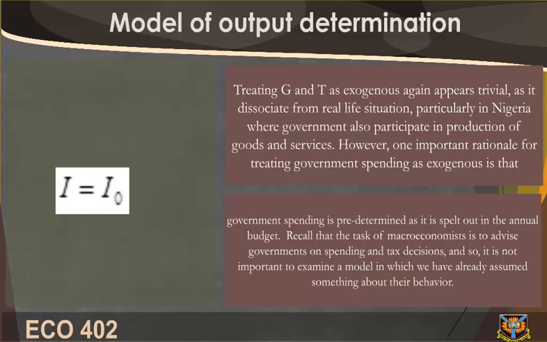However, one important rationale for treating government spending as exogenous is that government spending is predetermined as it is spelled out in the annual budget. Recall that the task of macroeconomists is to advise government on spending and tax decisions, and so it is not important to examine a model in which we have already assumed something about their behavior.